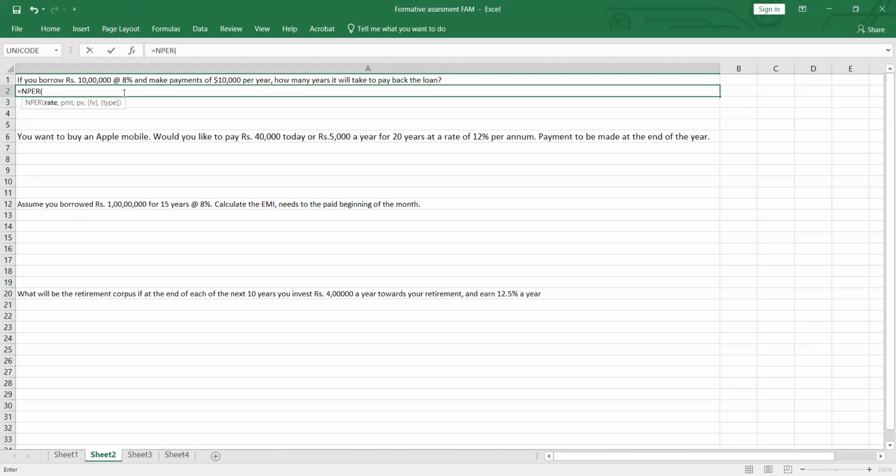What is my rate? I put it manually because the problem is a statement: 0.08, and then PMT is 10,000. We can also put a minus sign because PMT is my expenditure, and then PV is 10 lakh.